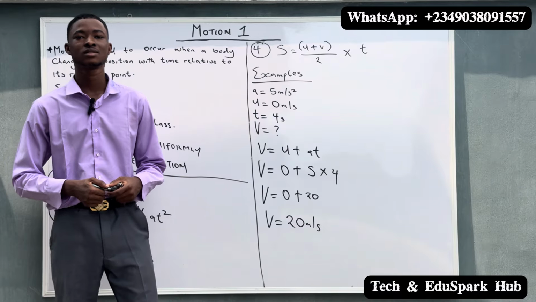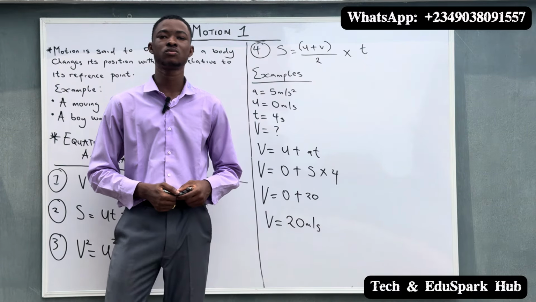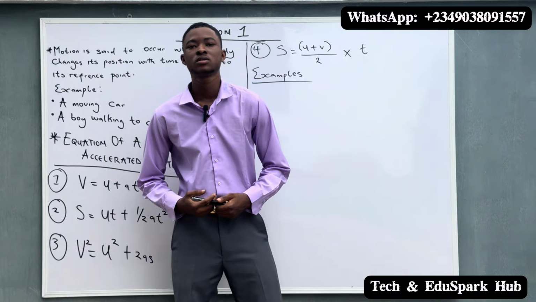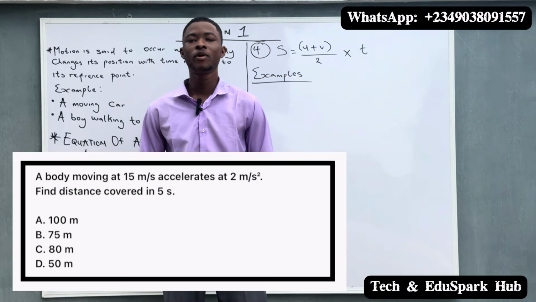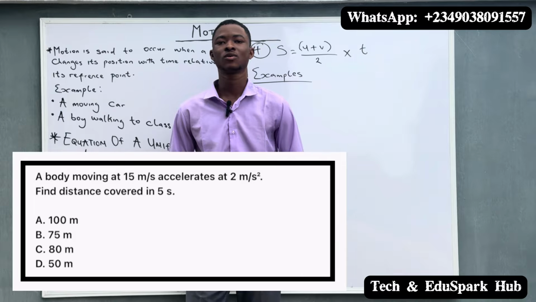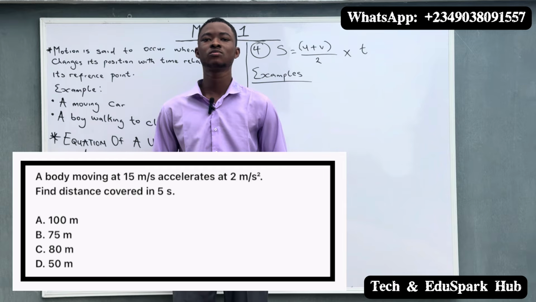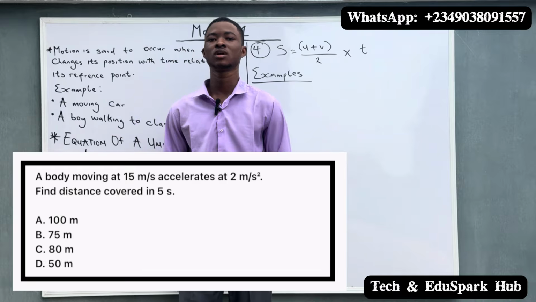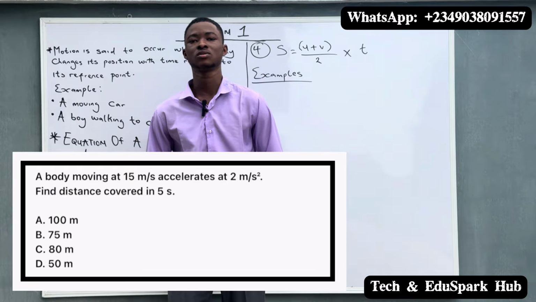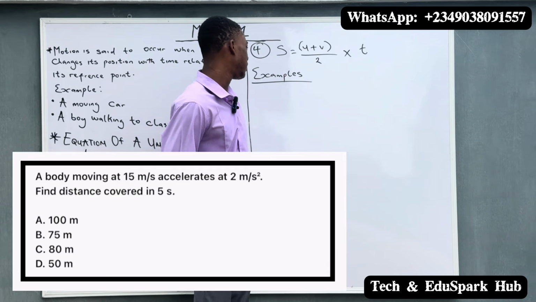So let's look at the second example, still on the equations of motion. The second example, as displayed on the screen, says that a body moving at 15 meters per second accelerates at 2 meters per second squared. Find the distance covered in 2 seconds. So this is the second question. Let's write our given parameters.